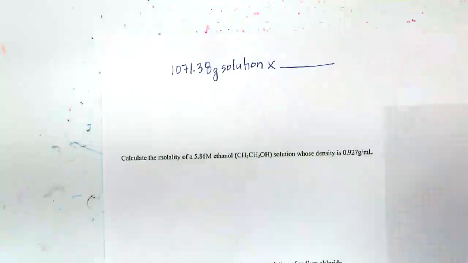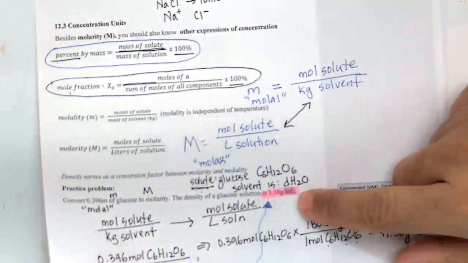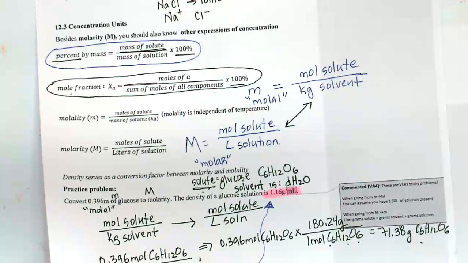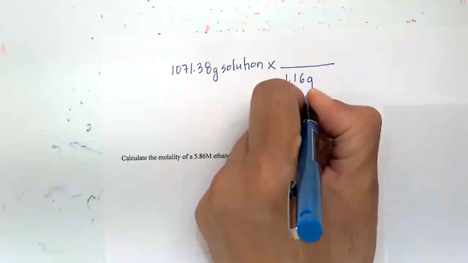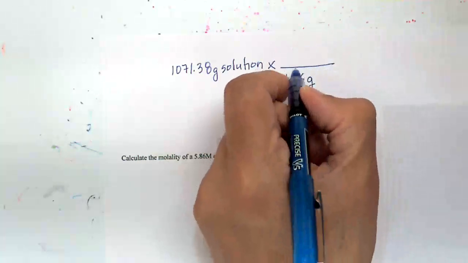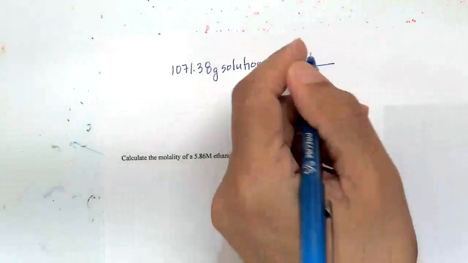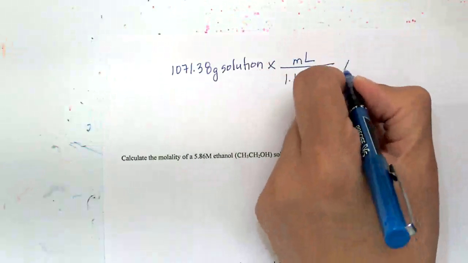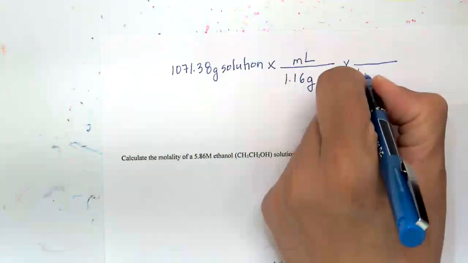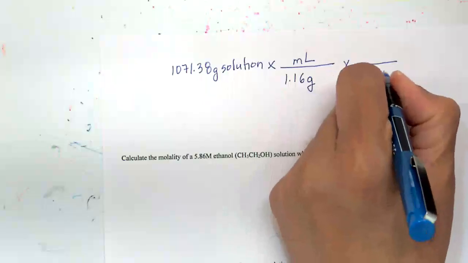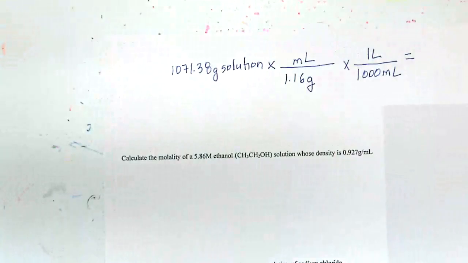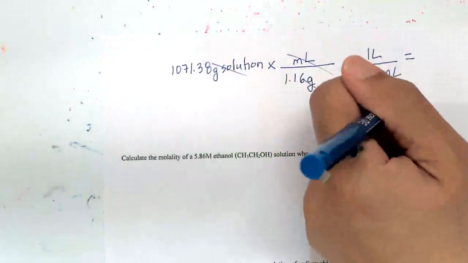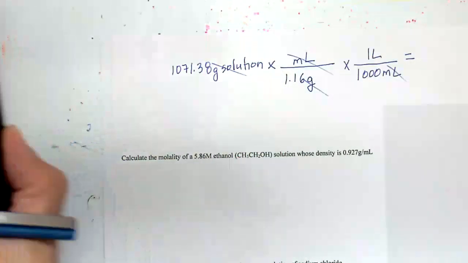What is the density? 1.16 grams per milliliter. I'm going to put that 1.16 grams at the bottom, and put my mils on top. Grams of solution per mil of solution. And then I'm going to convert that to liters. So 1,000 ml is 1 liter. So the grams cancel, the mils cancel.